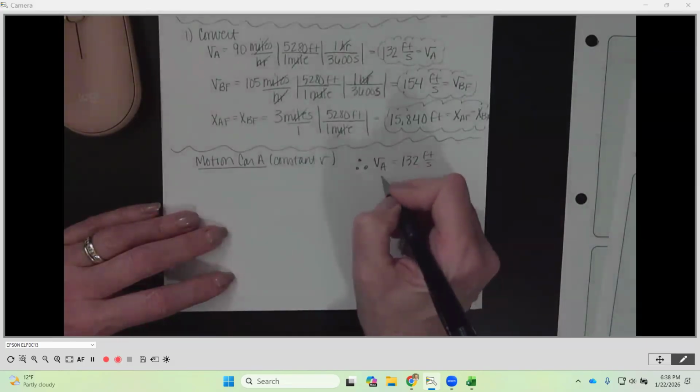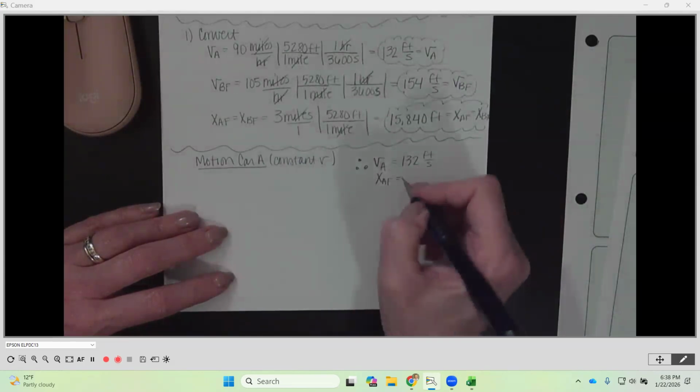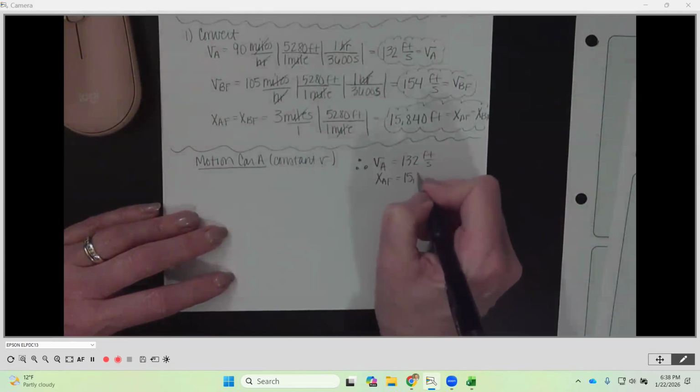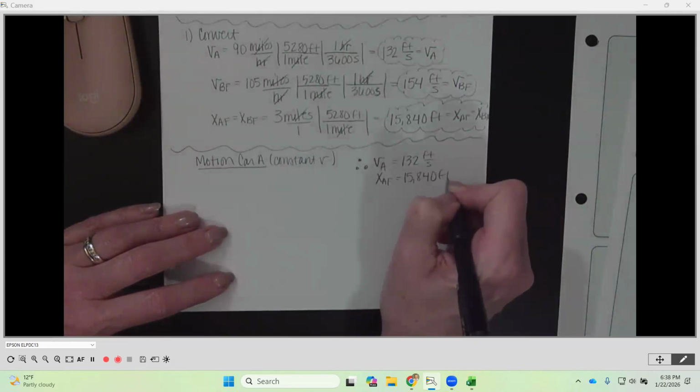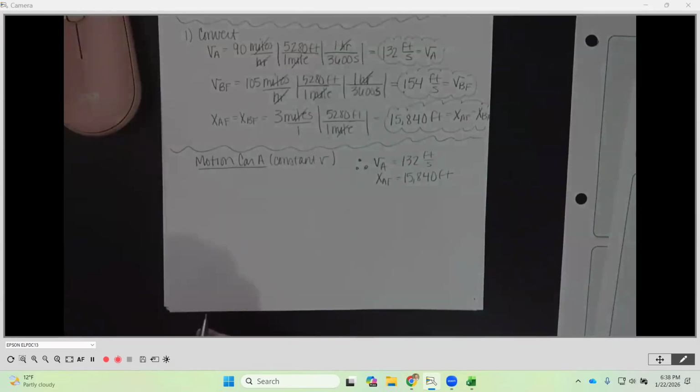And then we also know that our final distance is going to be the 15,840 feet. So if we want to calculate the time, we can already do that.